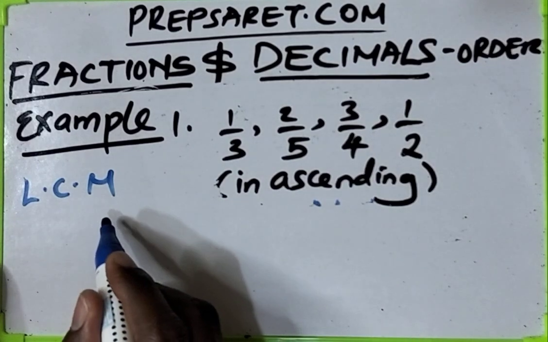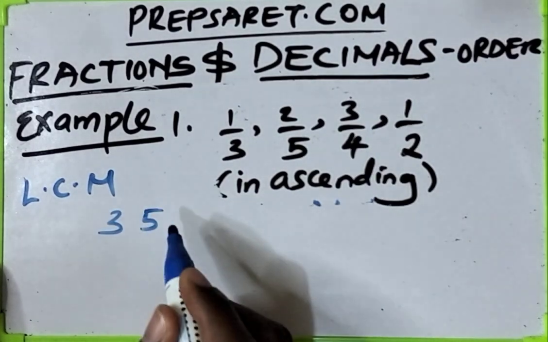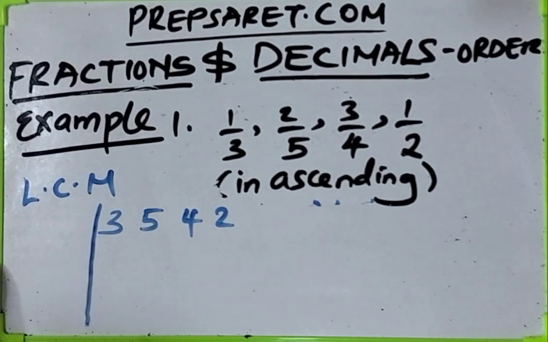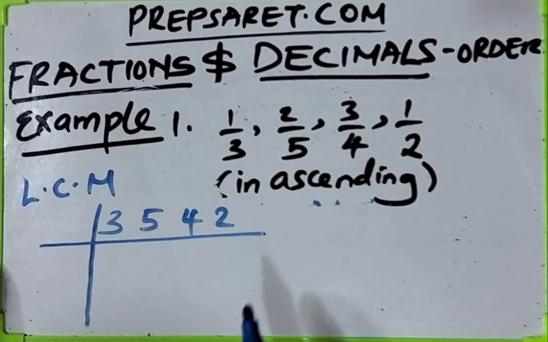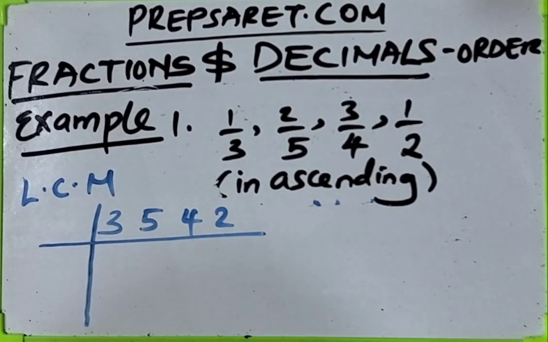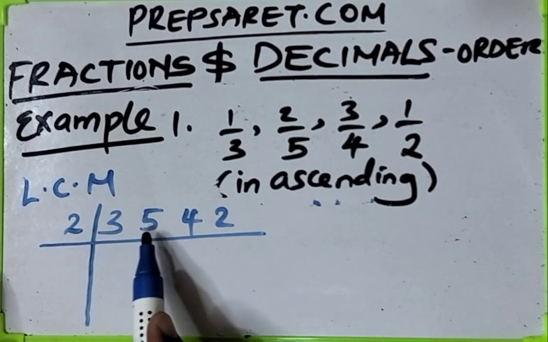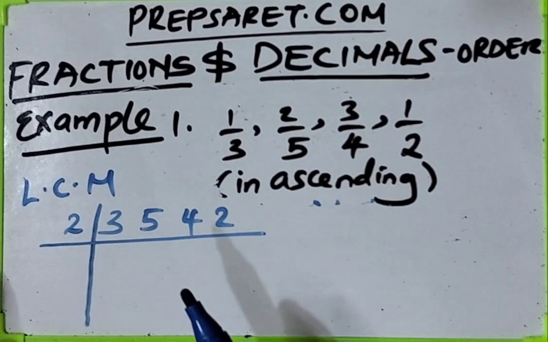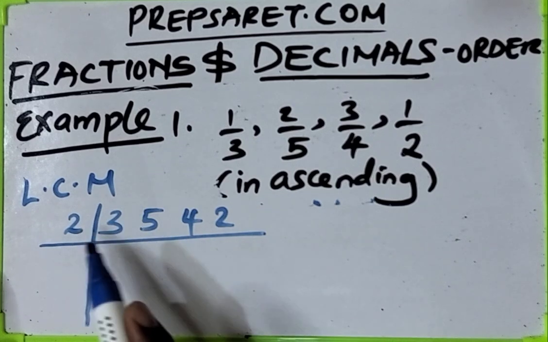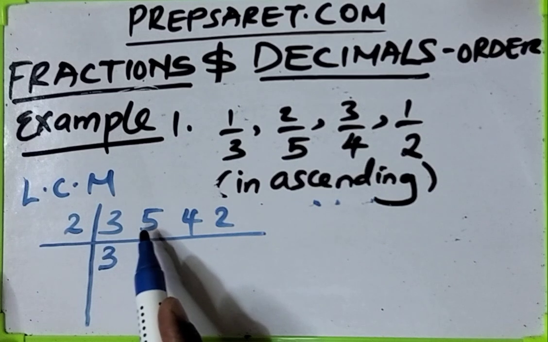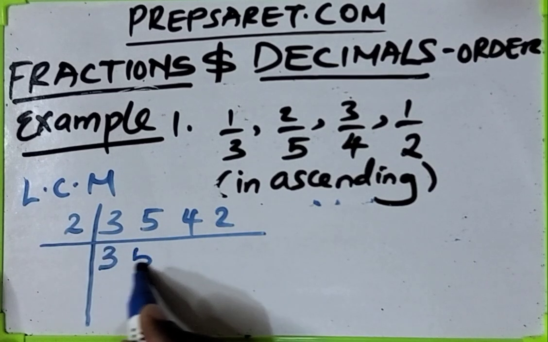We shall write the numbers 3, 5, 4, 2, then draw a vertical line like that and another horizontal one like this. We start from the smallest. Actually, the smallest of all is 2. So we try 2 and see whether we can divide all the values by 2. 3 cannot perfectly divide by 2, so it remains. 5 likewise remains.